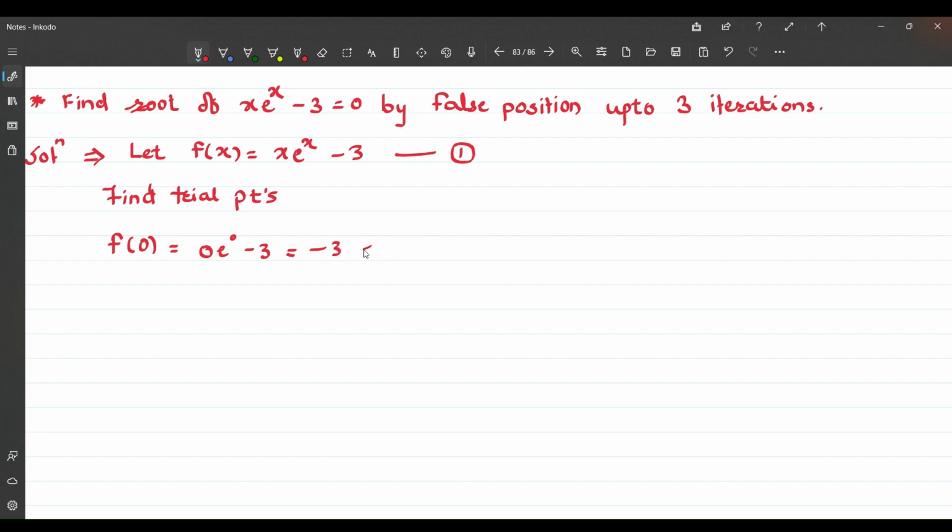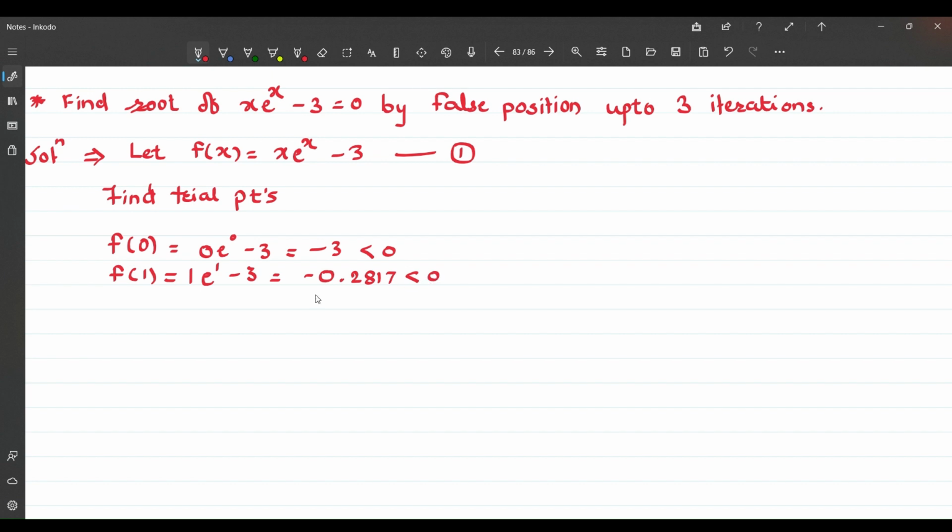So the final answer is minus 3, which is less than 0. Next step is f of 1, which is 1 into e raised to 1 minus 3, which is minus 0.2817, which is also less than 0, that is negative.